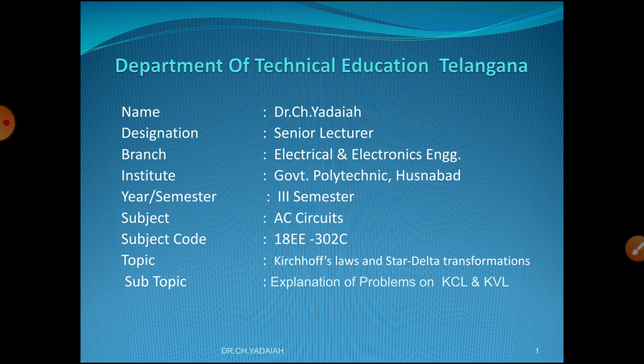In previous classes we have practiced many problems based on the branch current method and loop current method. Now the remaining one is nodal analysis. In this case we are going to apply KCL.